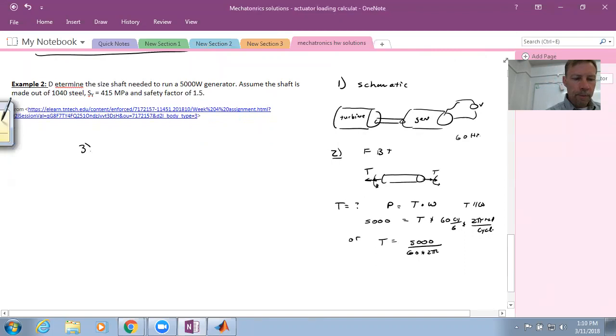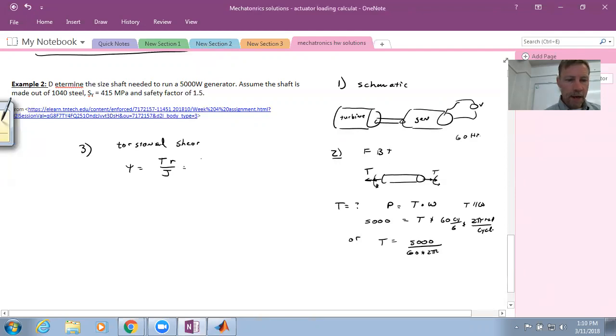My third step now is to calculate my stress. My stress in this case is going to be shear stress. So it's going to be our torsional shear stress. And that will be tau equals TR over J. So I can start plugging these in.